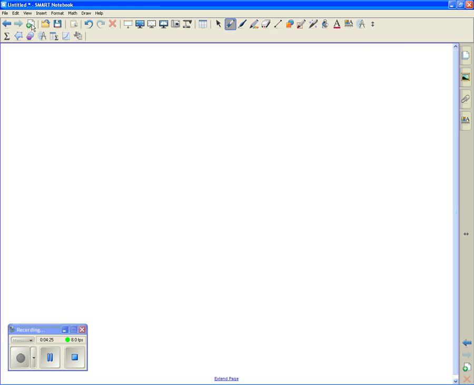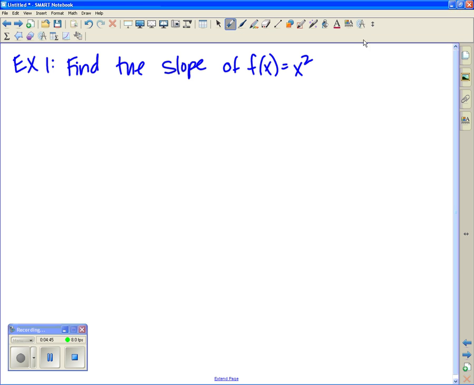and I think that you need to read the entire directions. So we're going to copy them all down so that you know what they're asking for. So we're going to find the slope of f of x equals x squared at -2, 4.